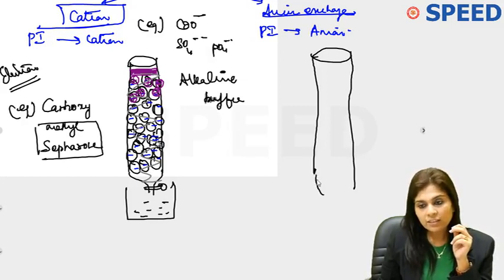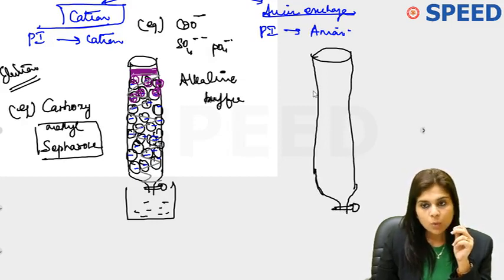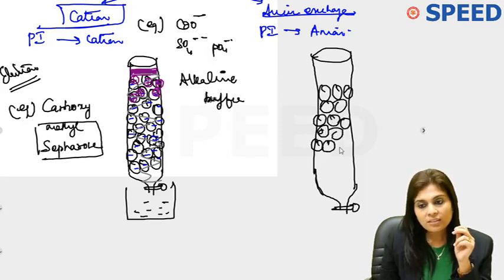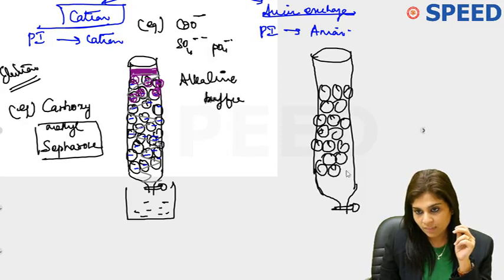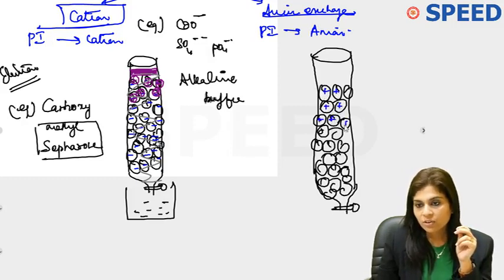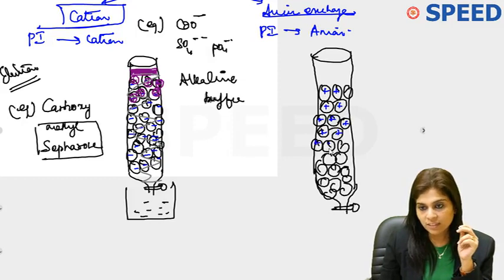So in anion exchange chromatography, as a stationary phase, you use a column which is filled with synthetic polymer beads which are covalently attached to positively charged groups, like quaternary ammonium groups. You know, quaternary ammonium groups are positively charged.